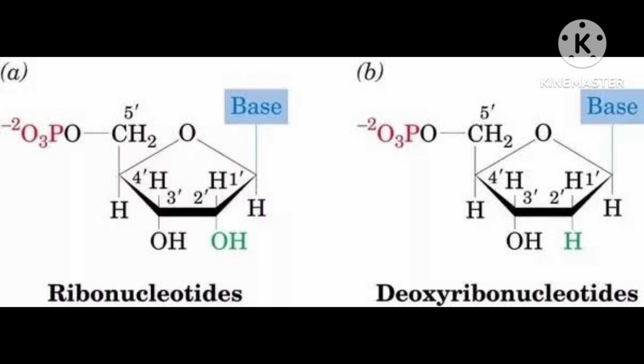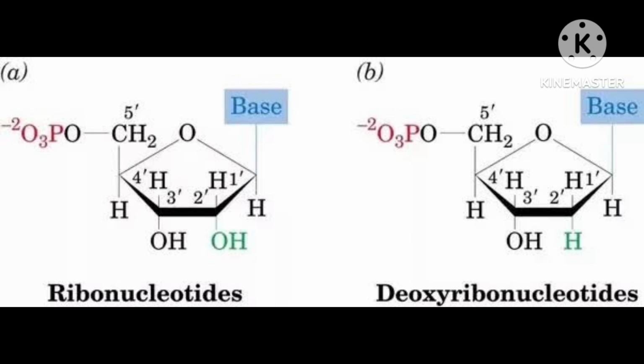What is the name of the sugar part? Beta D-2-deoxyribose. D means configuration, 2 means carbon position 2. At carbon number 2, an OH group will be attached.